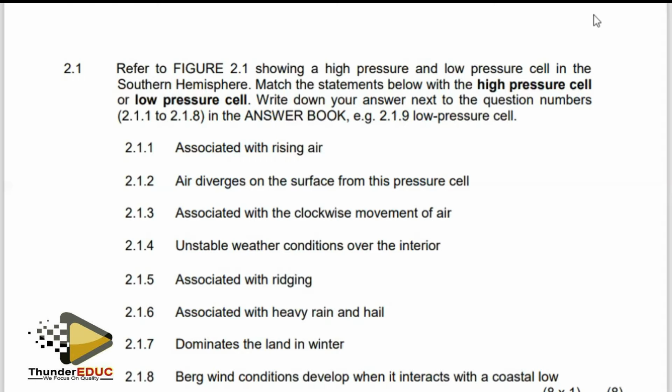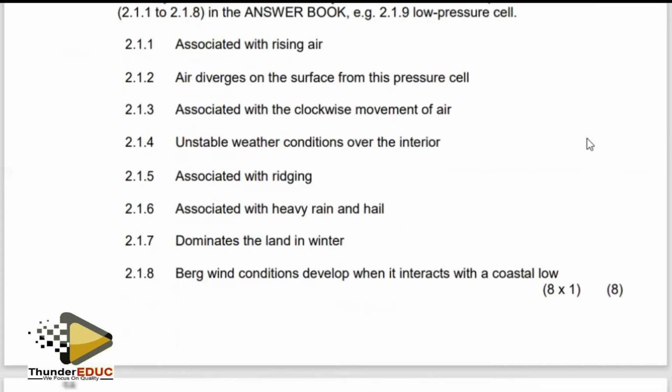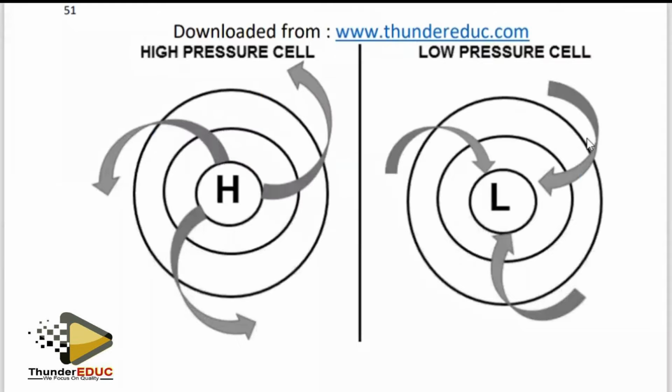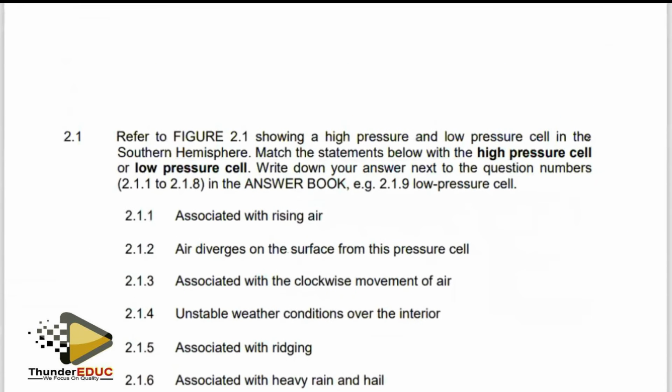2.1.1 says, sorry, let us first look at the figure. Sorry about that. Let's look at the figure. So let us refer to this one. Figure A is a high pressure cell. Figure B, a low pressure cell. All right.